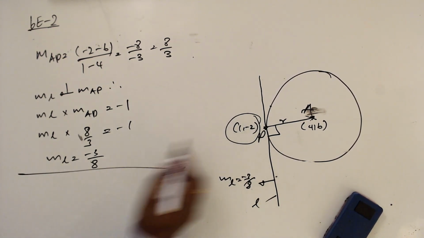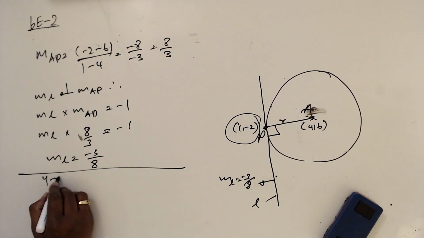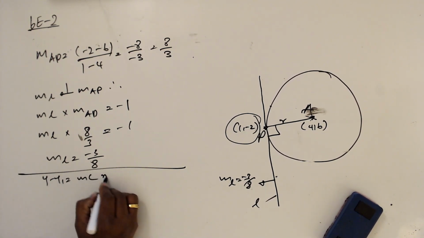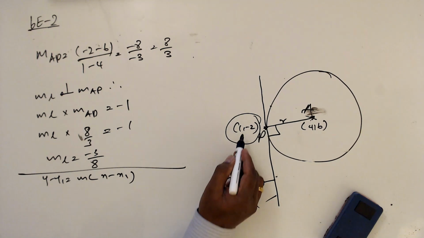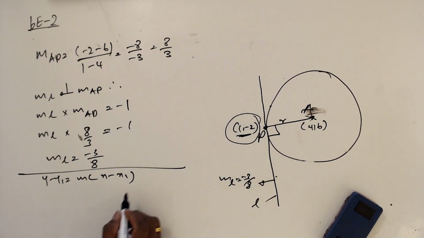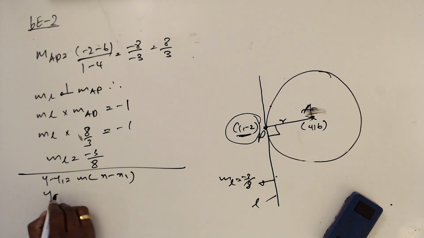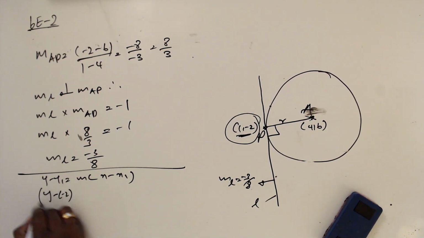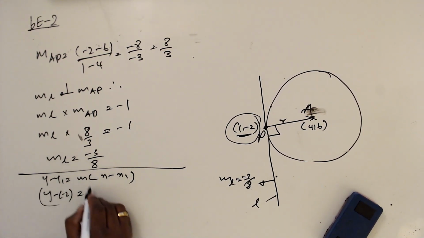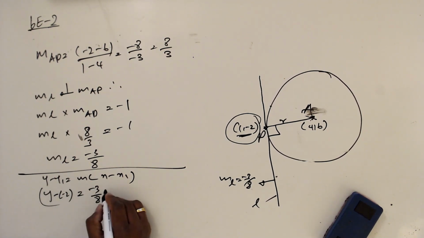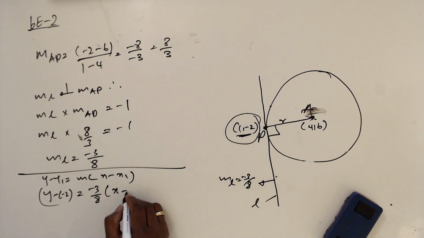Now you can write the equation y minus y1 equals m times x minus x1. We know the point 1, minus 2 is on the line. So y plus 2, with m equal to minus 3 over 8, times x minus 1.